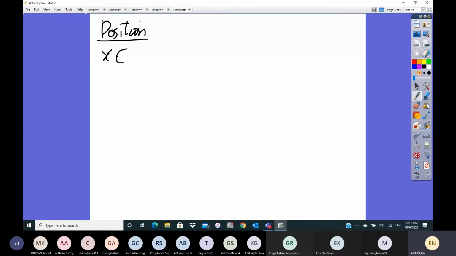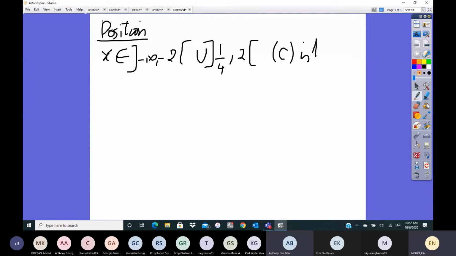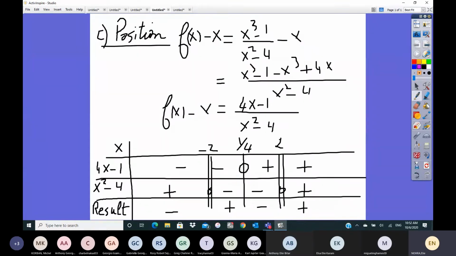If x belongs to minus infinity, minus 2, reunion 1/4, 2, C is below. I remind you, look at this below, when one edit, the minus and the minus. And this is, I joined them together, okay?